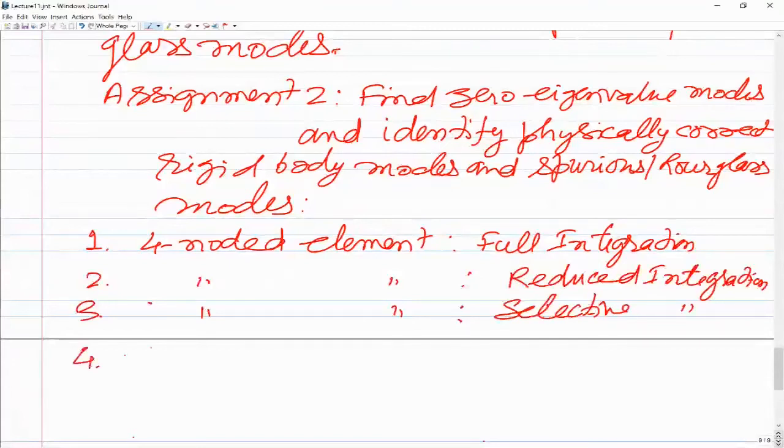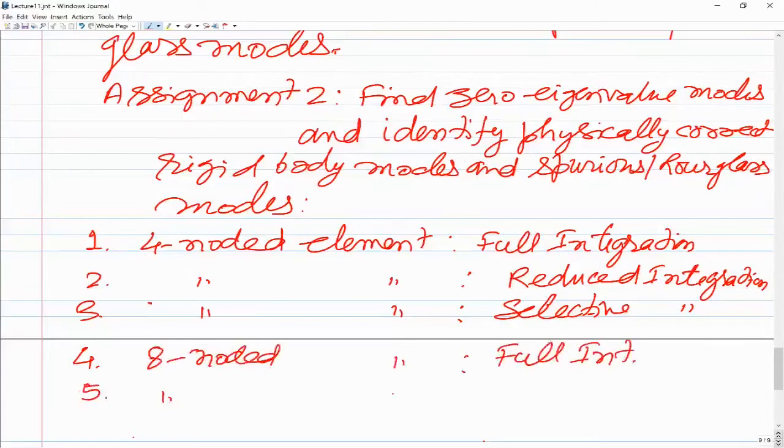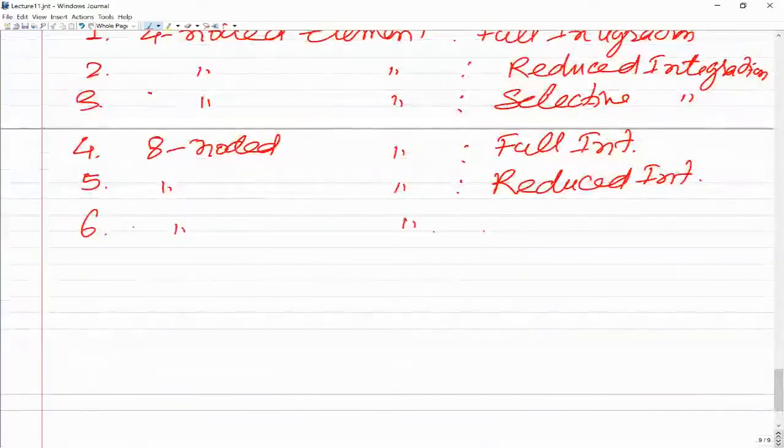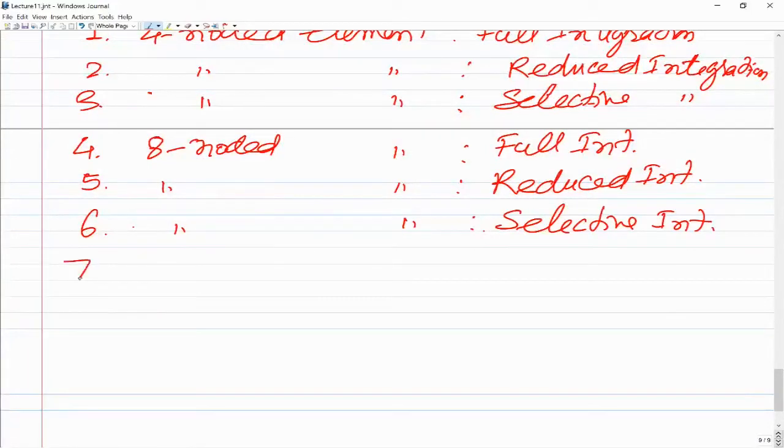Then some groups can take the 8-noded element with full integration, and then 5 is again the 8-noded element with reduced integration, then 6 is again the 8-noded element with selective integration. And then some groups can take the 9-noded element. Similarly, you can formulate a 9-noded isoparametric element.